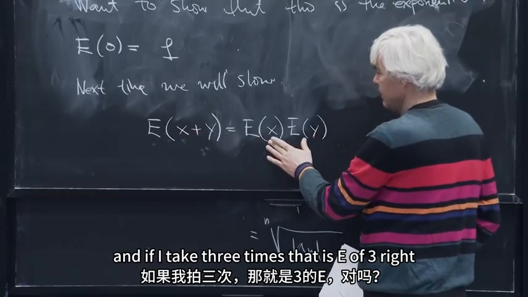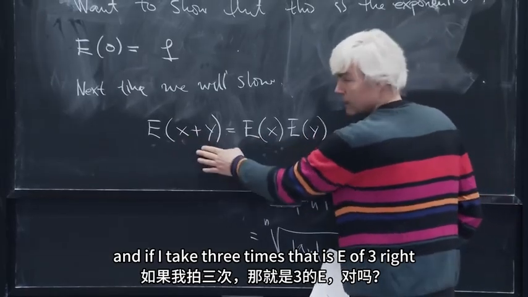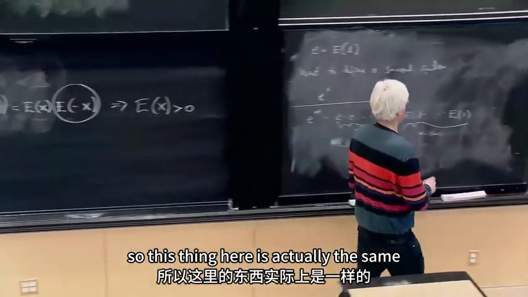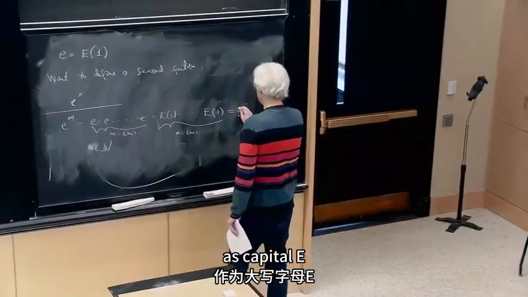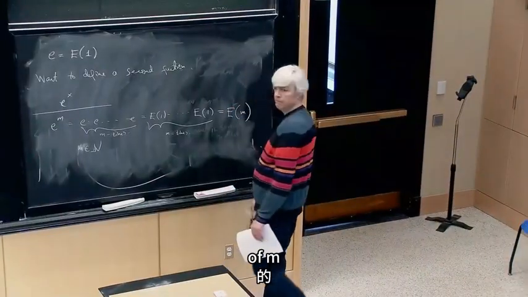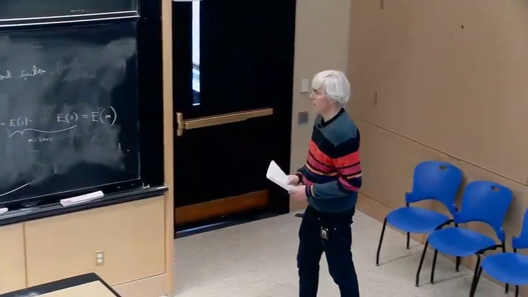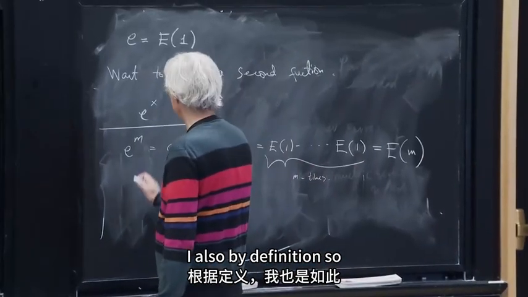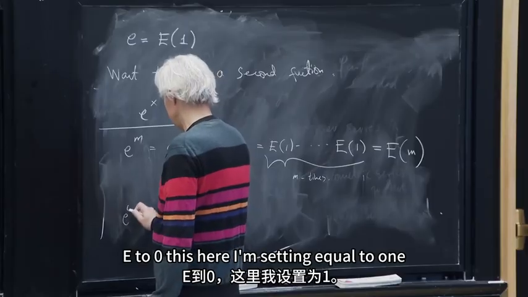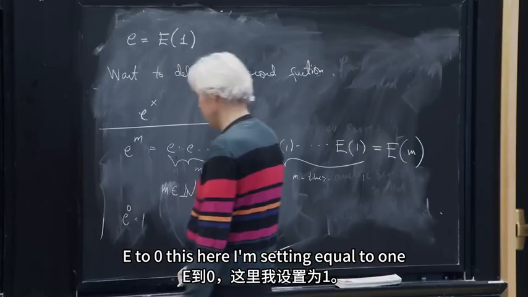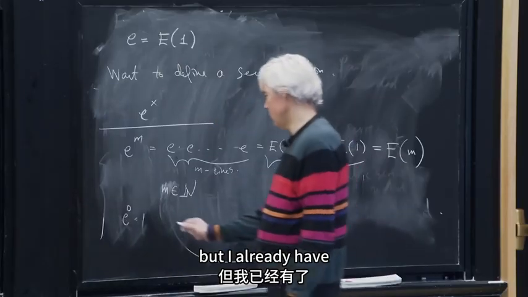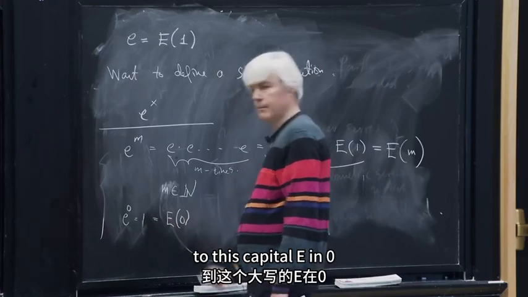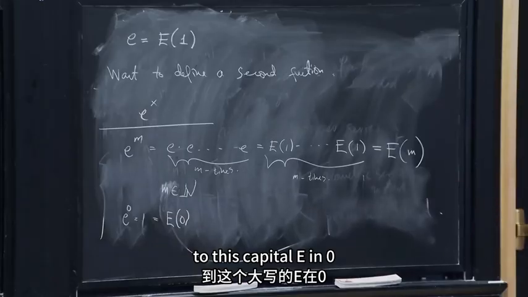And if I take it 3 times, then it's E of 3, right? So this thing here is actually the same as capital E of m, right? So I have that. I also, by definition, e to the 0 I'm setting equal to 1, but I already have that 1 was equal to this capital E of 0, right?